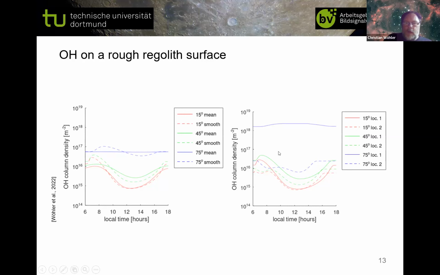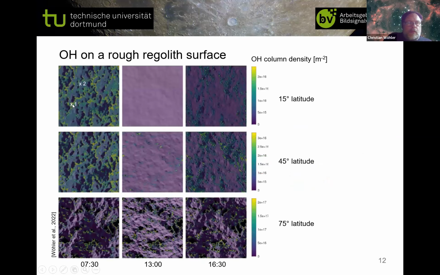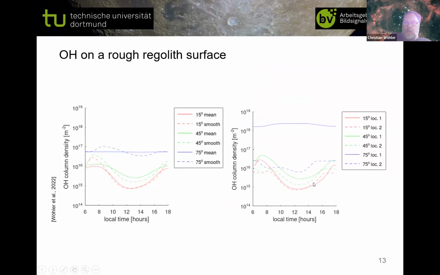And now the right diagram distinguishes between those locations here, 1 and 2. Location 1 is preferentially tilted towards the sun at all latitudes, and location 2 is a flat part of the surface. Near the equator, there is no big difference between the two locations. The solid line is always location 1, the warmer location.